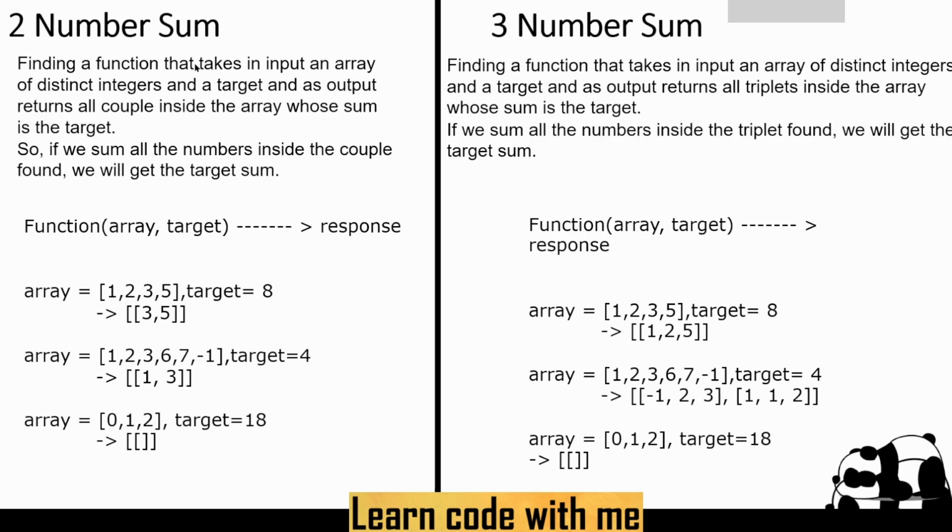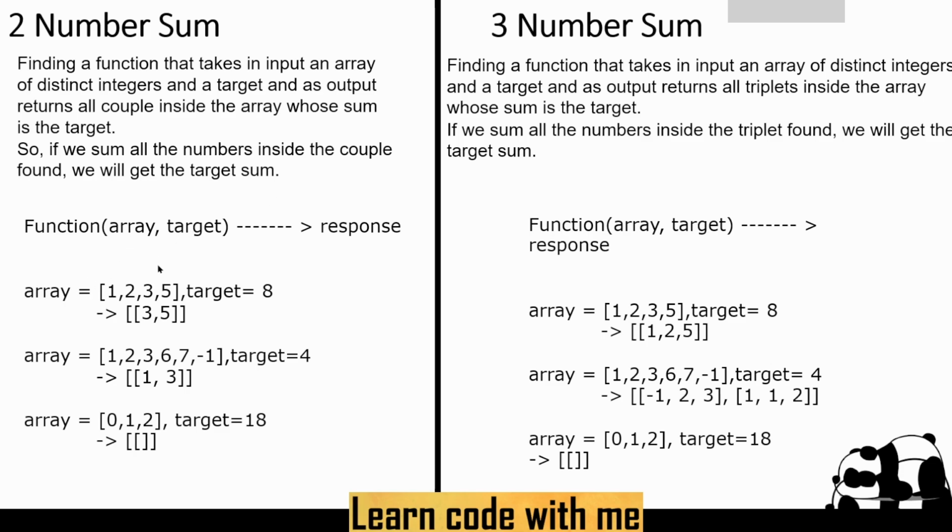As output, it returns all the couples inside the array whose sum is the target. So if we sum the numbers inside a couple found, we get the target sum.